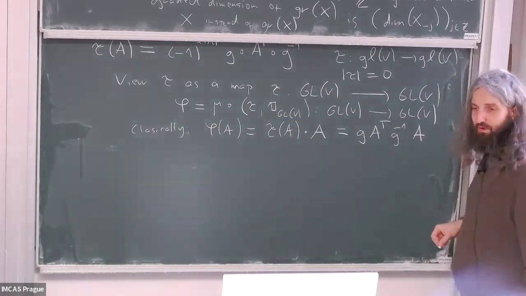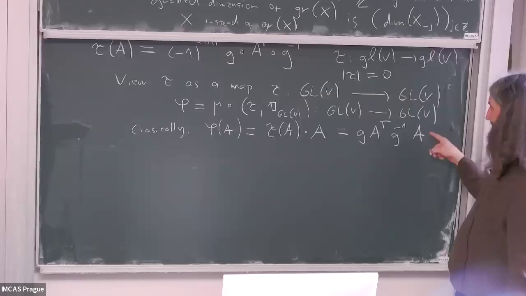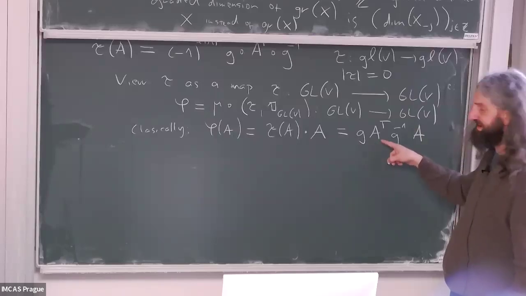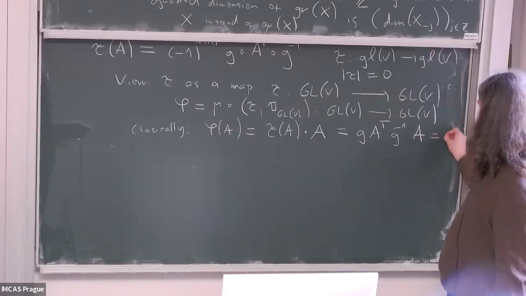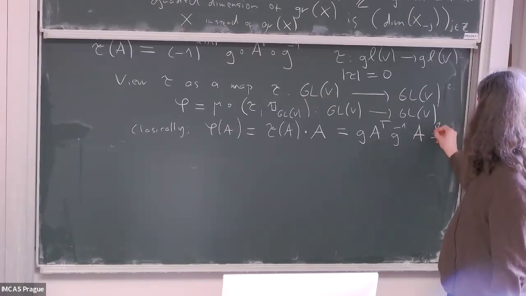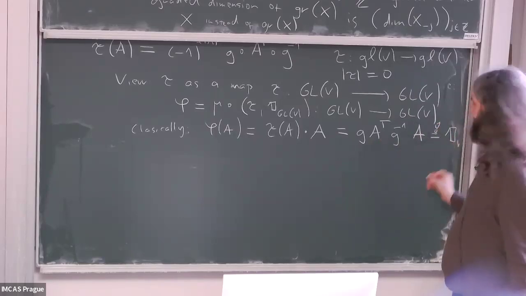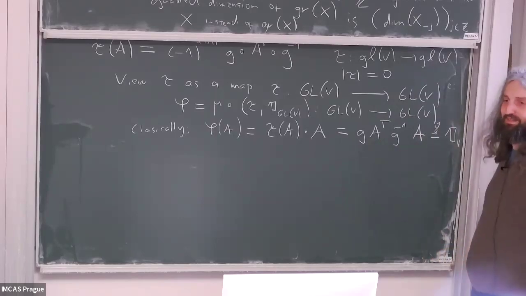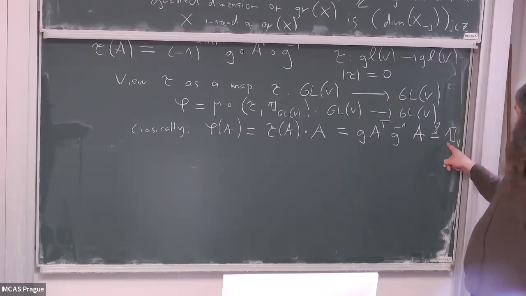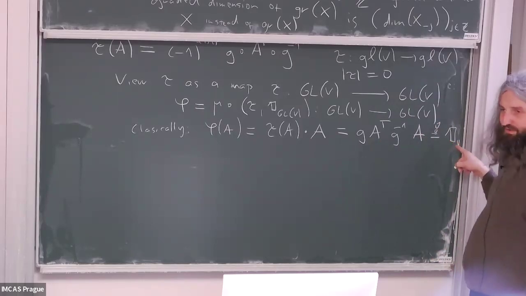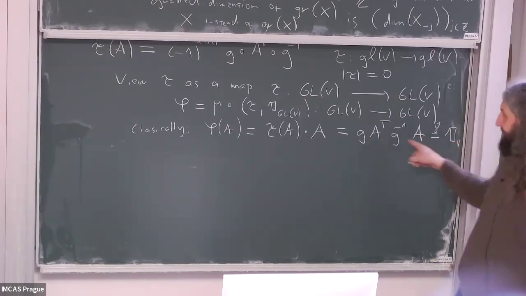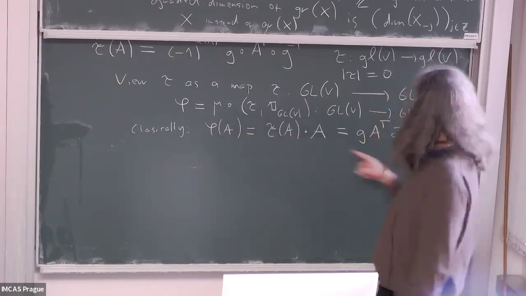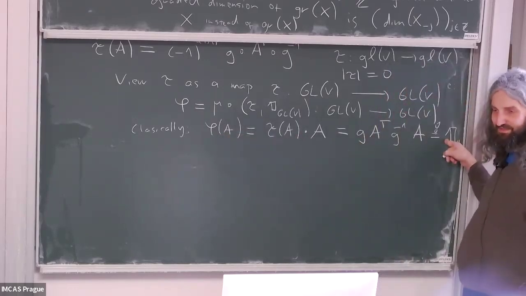And what you would call orthogonal matrices, you will say these are precisely the maps A which give you identity on V. So this is how you classically define orthogonal matrices, to be those such that phi maps them into the identity matrix.